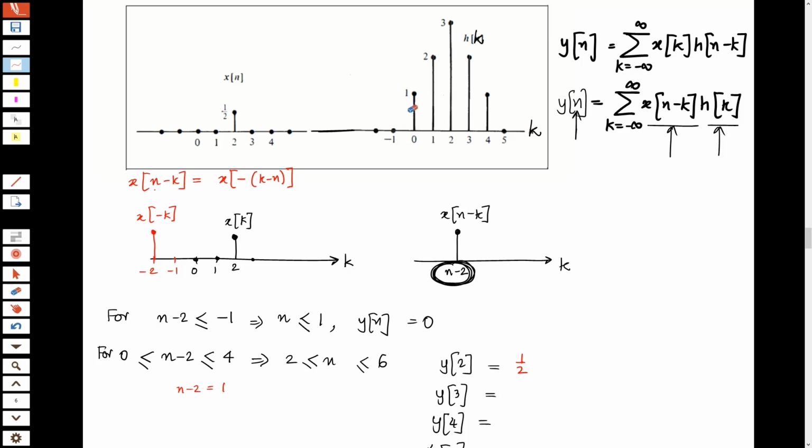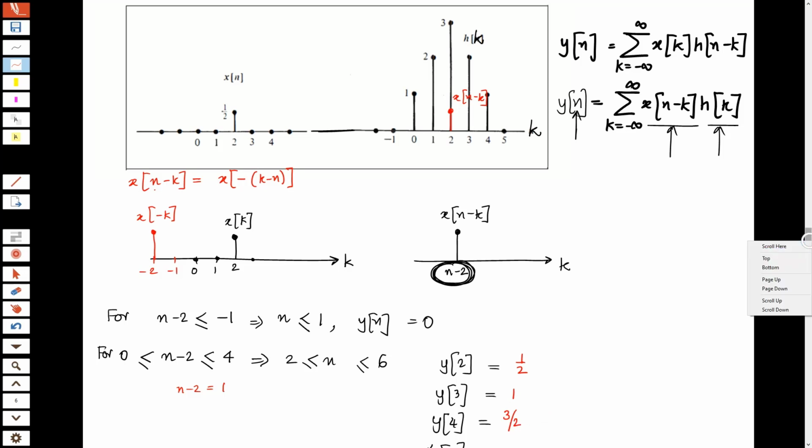That means this is here. What do you get when you find the product? You get half into 2, that is 1. Now it has moved here. N minus 2 equal to 2 means n is equal to 4. At n equal to 4, you have half into 3, so 3 by 2.